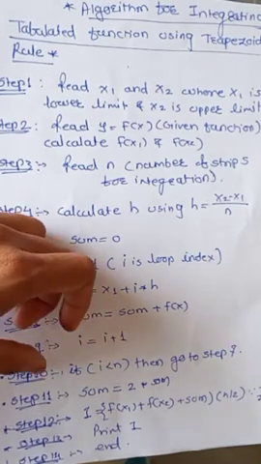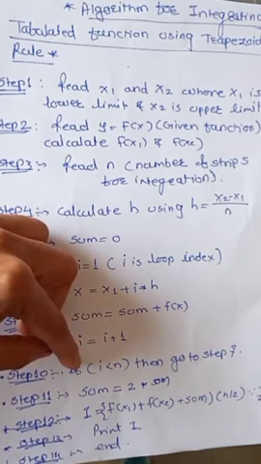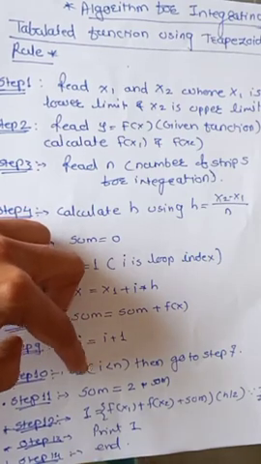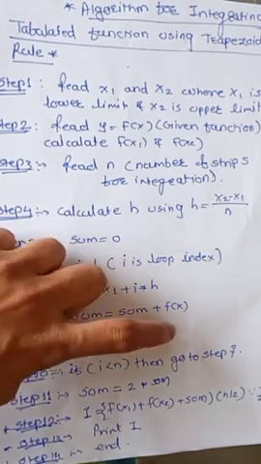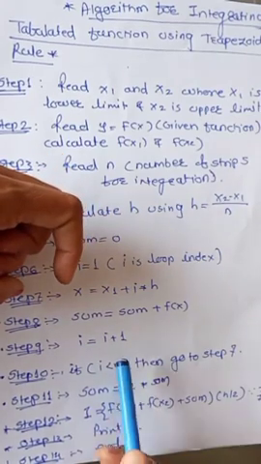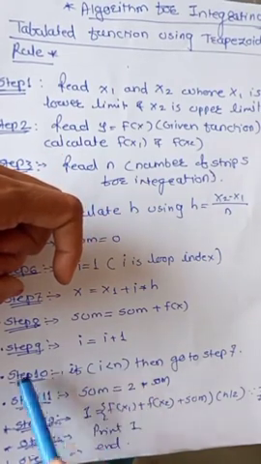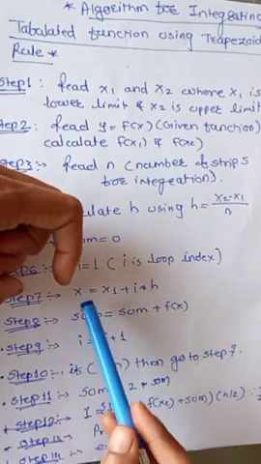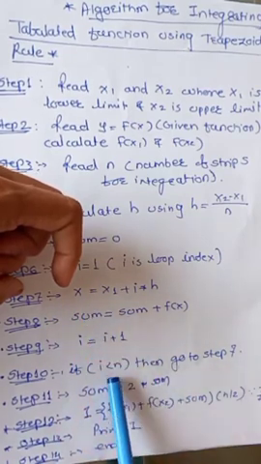Now step 10 is to check the condition: if i is less than n, then go to step 7. If the number of steps is greater than i, we have to repeat steps 7, 8, 9 up to 10.